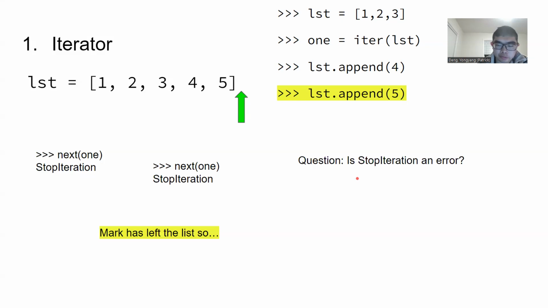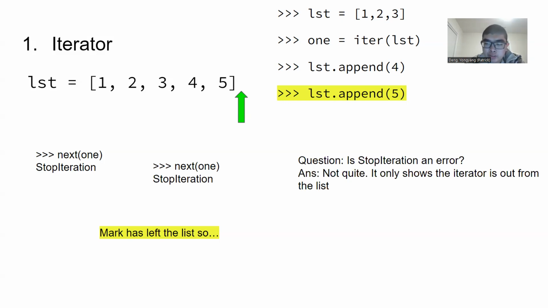And the question for you is, is StopIteration an error? This confused me a lot when I learned this, but actually StopIteration is not an error. Why? Because it only shows that the iterator is out of the list. It displays the message saying okay, we have finished.